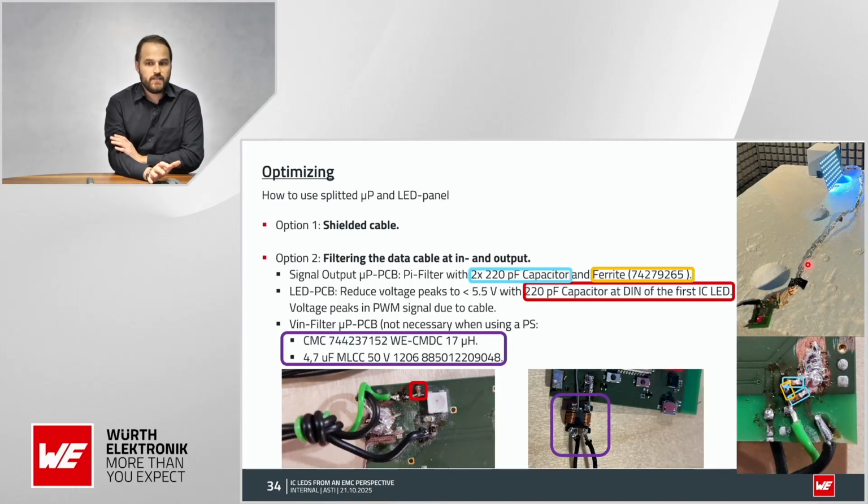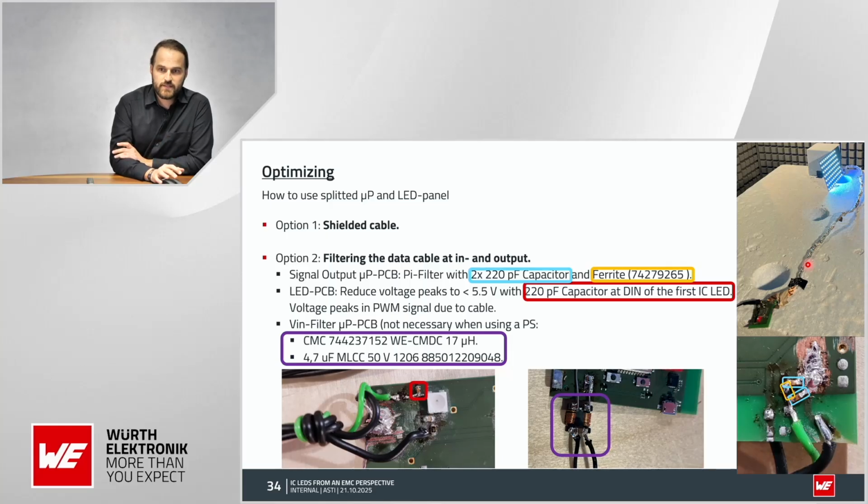So now some ideas what we can do to optimize the EMC performance when we want to split up the MCU and the LED panel. First of all, we could implement a shielding. In this case, of course, we are in the EMC lab. We are using aluminum tape, aluminum foil and copper tape.